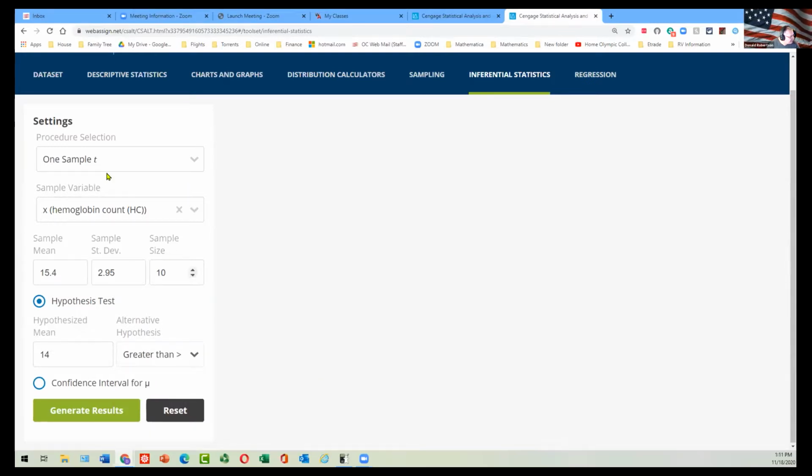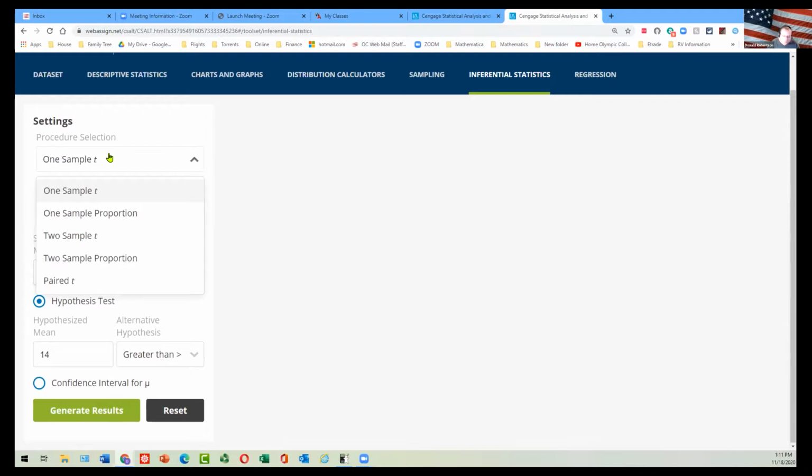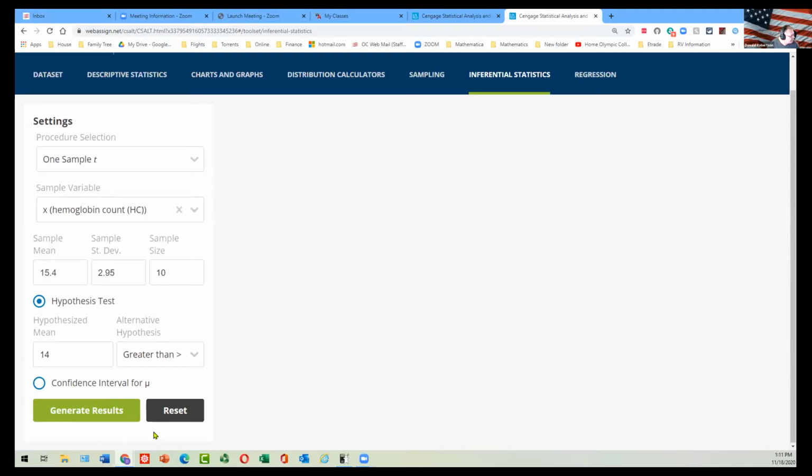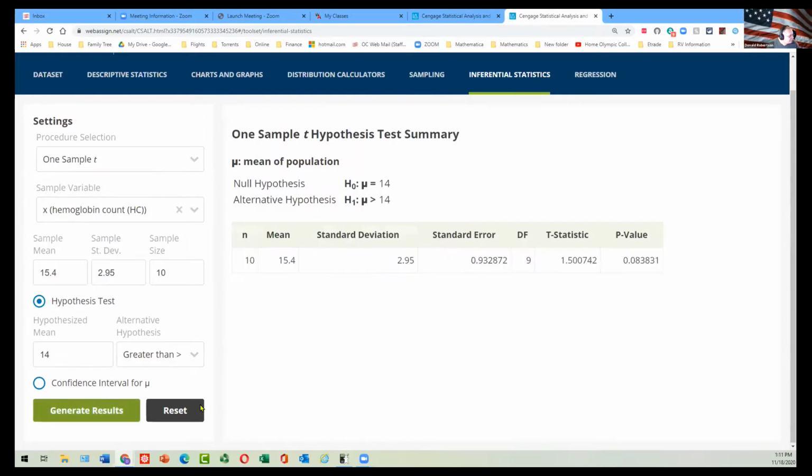So that's everything that I need. Oh, and make sure it's one sample t as well. Ready to go, generate result. And the t statistic that they're talking about is about 1.5 with a lot of zeros. And the p-value is 0.0838 and lots of other stuff.